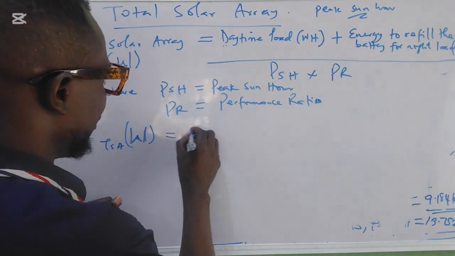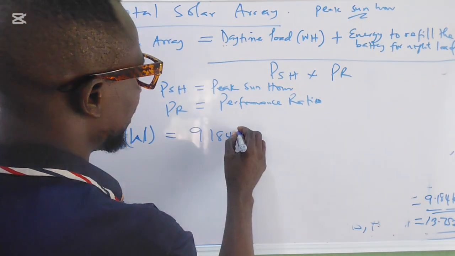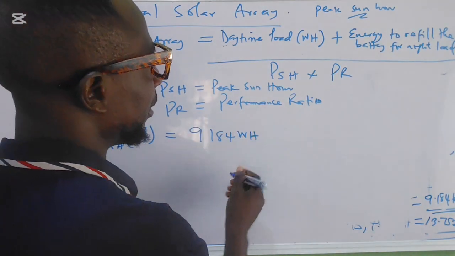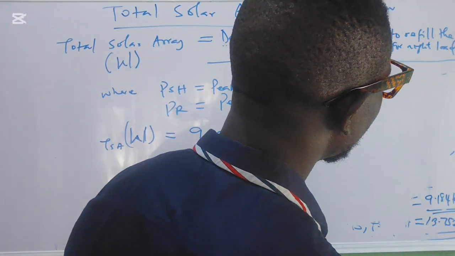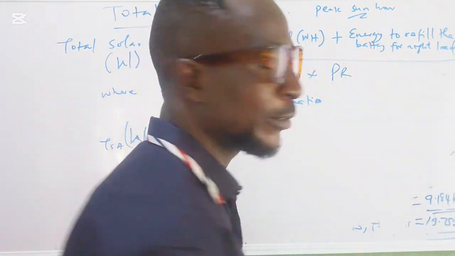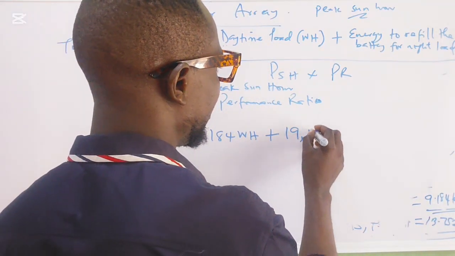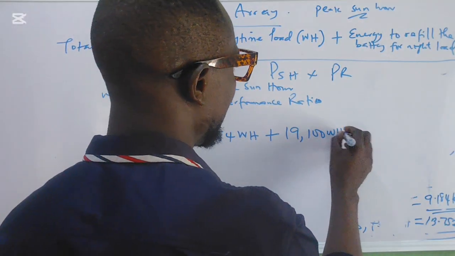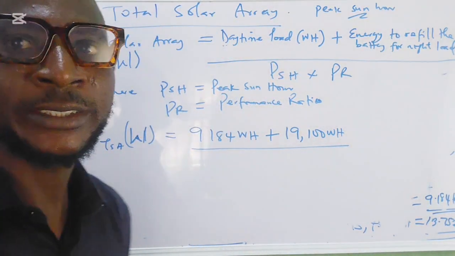It is 9,184 watt hour, plus the energy we need to refuel the battery for night load, and we said it's 19,100 watt hour. Then what is the peak sun hours?